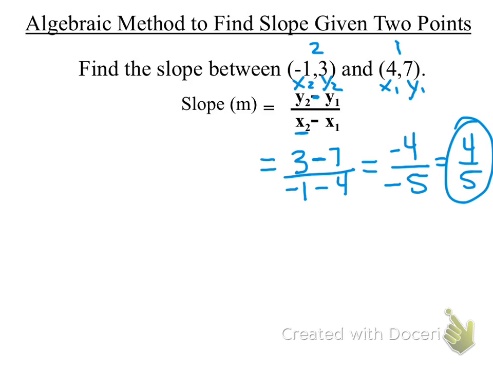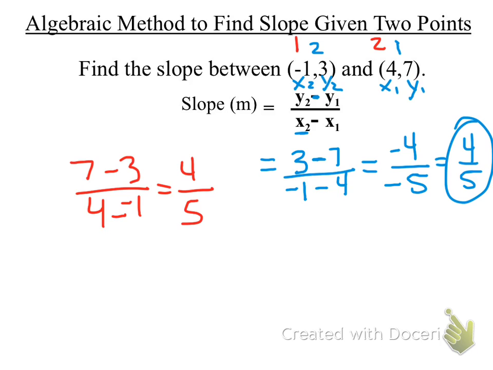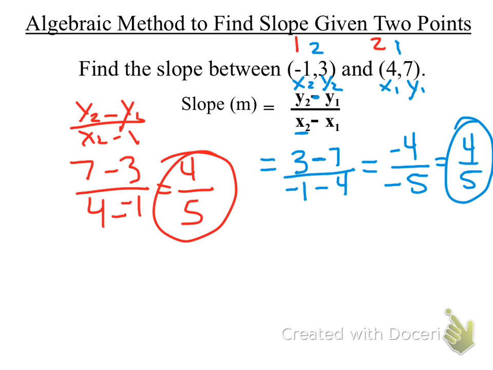So instead of doing 7 minus 3 and 4 minus negative 1, if I had done it the other way, this is point 1 and this is point 2, I'm going to do 7 minus 3 over 4 minus negative 1. And I end up with 4 over 5. See how they work out the same? This is when I have y2 minus y1 over x2 minus x1.